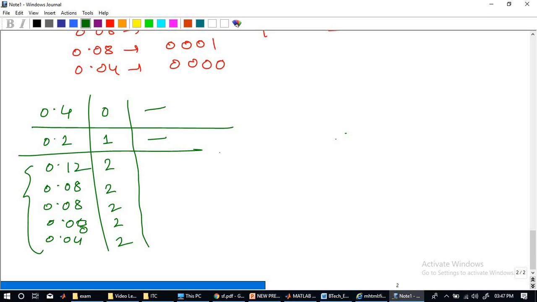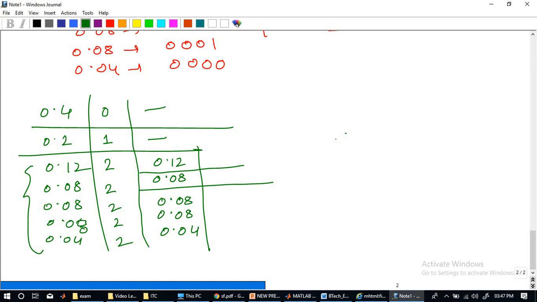So maybe what we can do is club 0.12 and 0.08 here and keep the other half as 0, with 0.08, 0.08 and 0.04. So your 0.12 will be 1. This will be 0, this will be 1 and this whole will be 2.